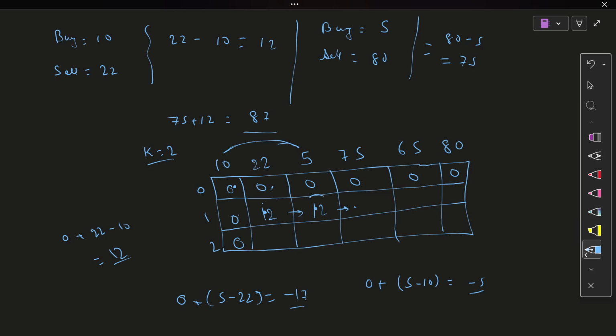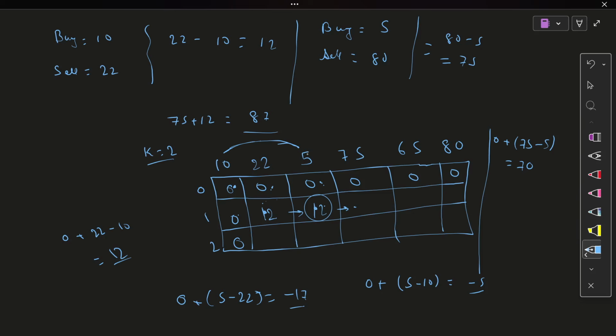First 12 is the maximum profit for the first transaction. With 0 transactions we got 0, and if we do one transaction here, we will get 0 plus 75 minus 5, which is 70.